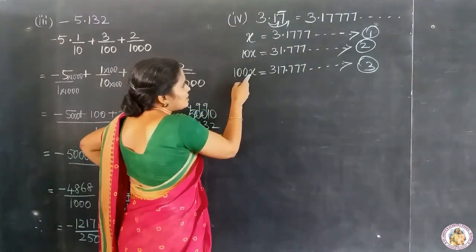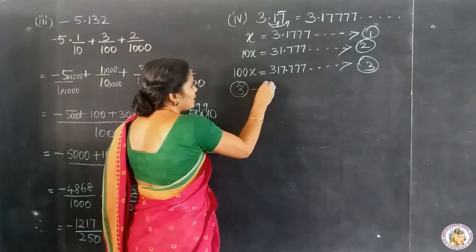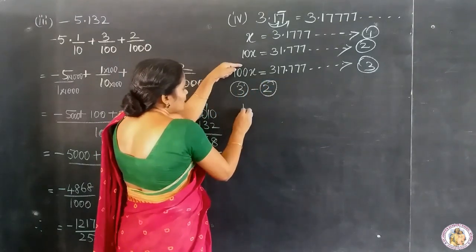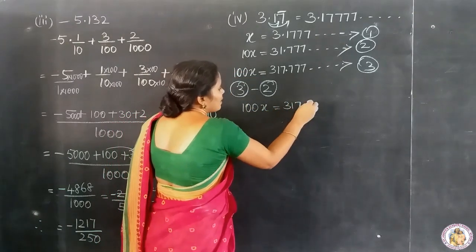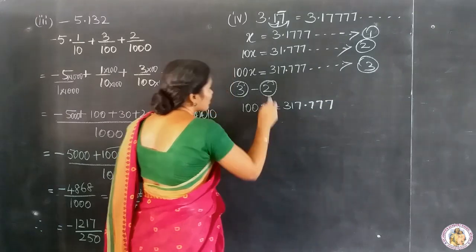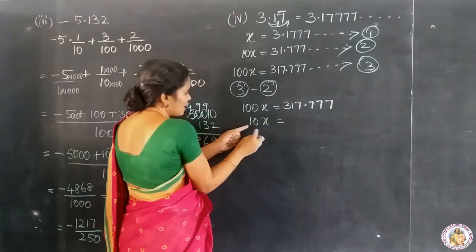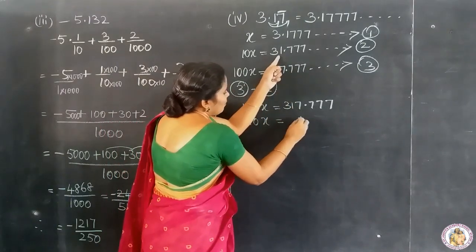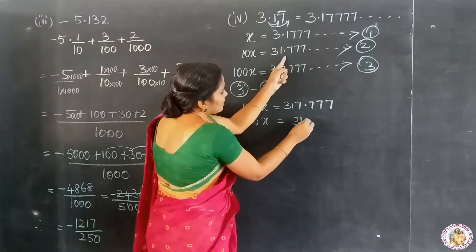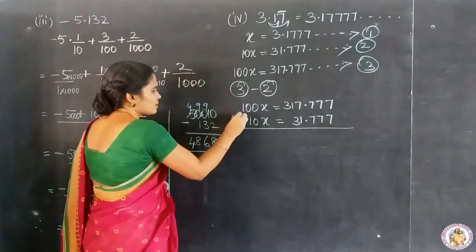Now you can subtract: third equation minus second equation. Third equation 100x is equal to 317.77, subtract 10x is equal to 31.77. Keep the decimal 77 and subtract.